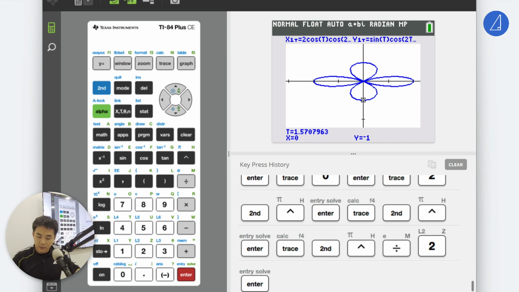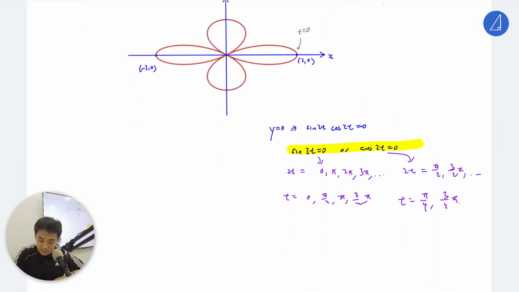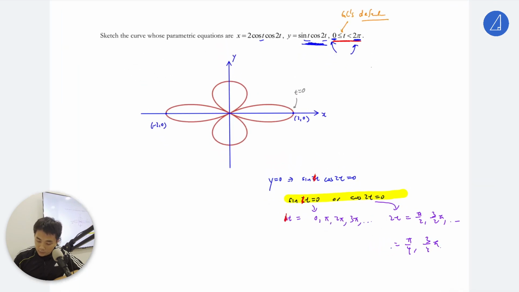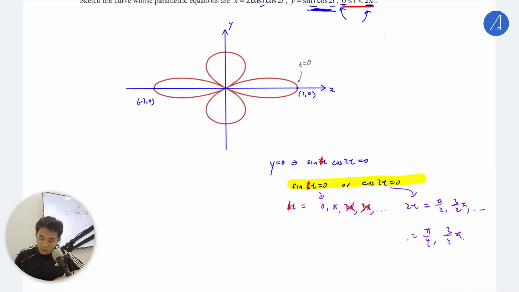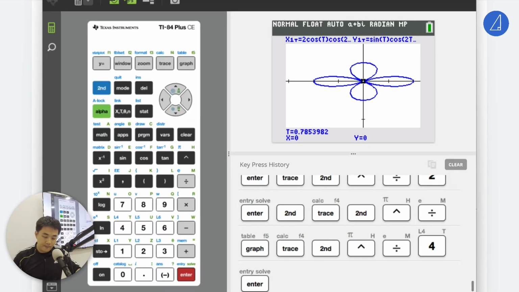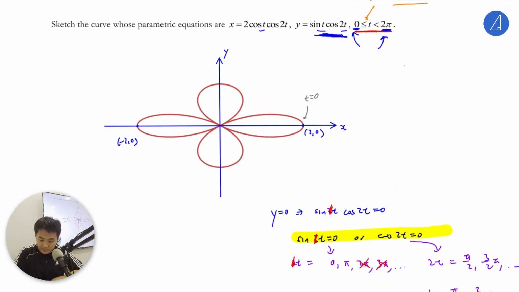You see this pi over 2 here? It's sine t, not sine 2t. So this is sine t. So this is t. We want from 0 to 2 pi, so include 2 pi and 3 pi, with pi over 4 in the middle. Okay, so that's it. So this guy will be 0, 0.